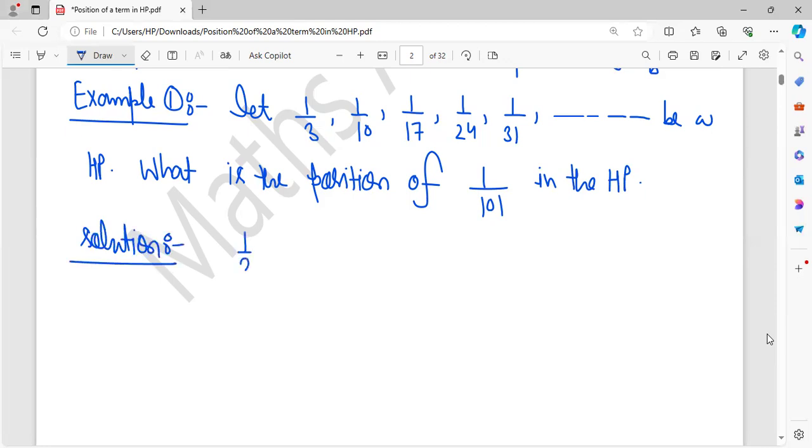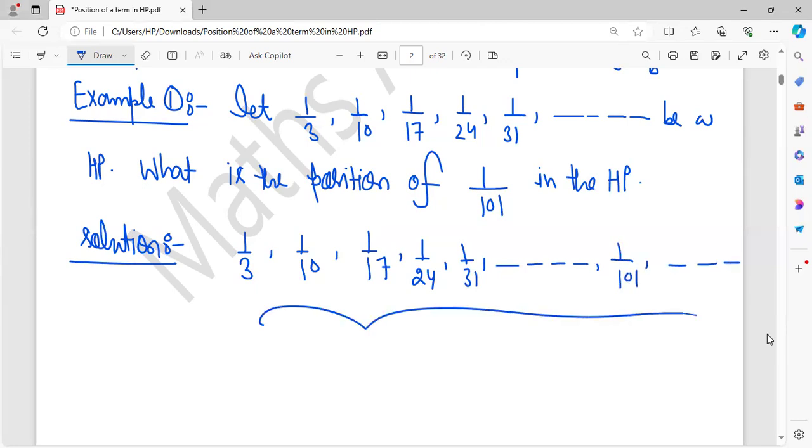So HP is given this. 1 upon 24, 1 upon 31, and so on. Somewhere is 101, and so on. This is the given HP. So what will be the corresponding AP?